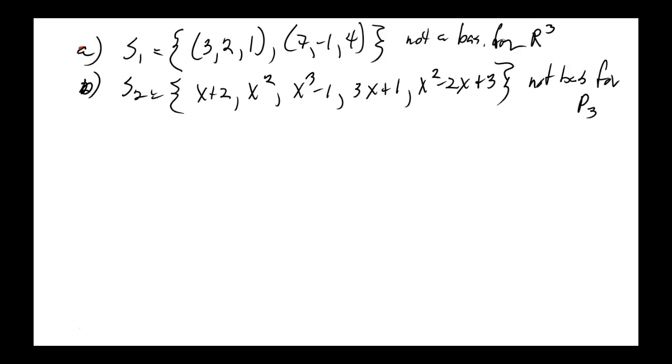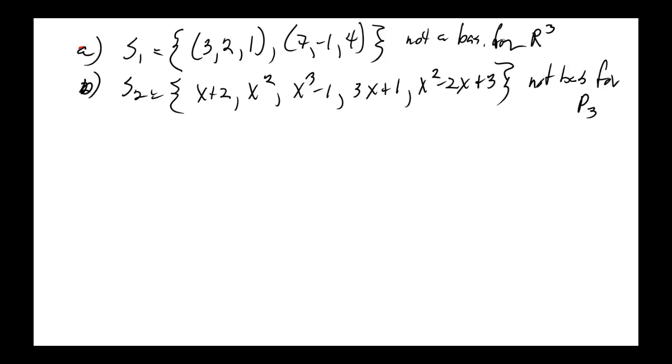Basically, you determine the dimension by finding a set of linearly independent vectors that spans the subspace. This set is a basis for the subspace, and the dimension of the subspace is the number of vectors in that basis.